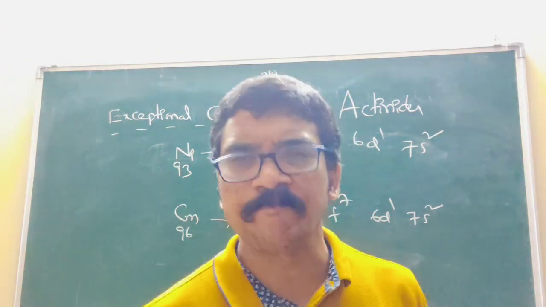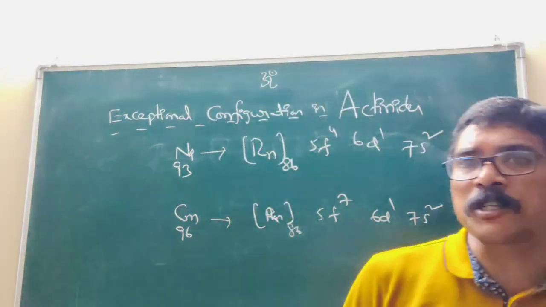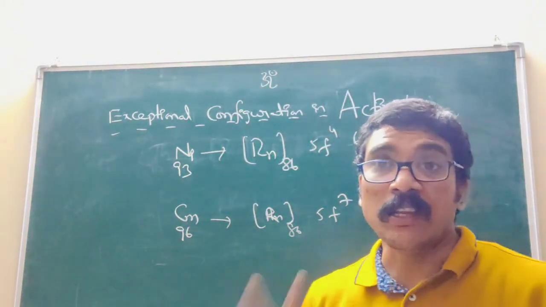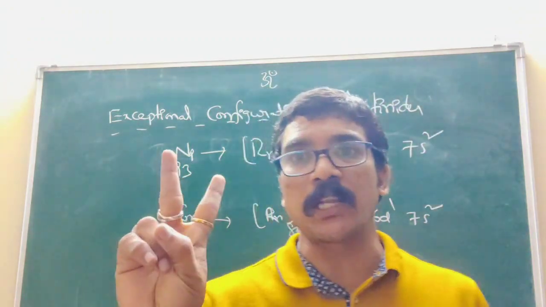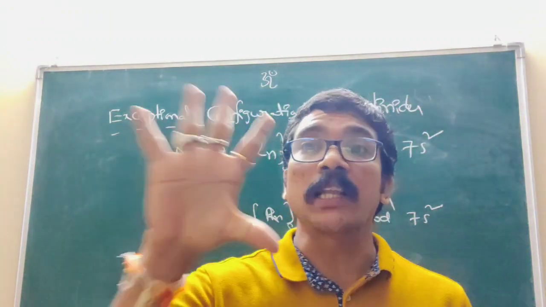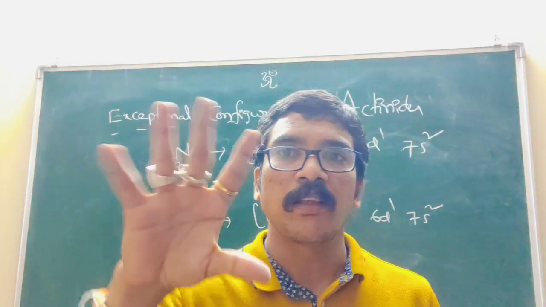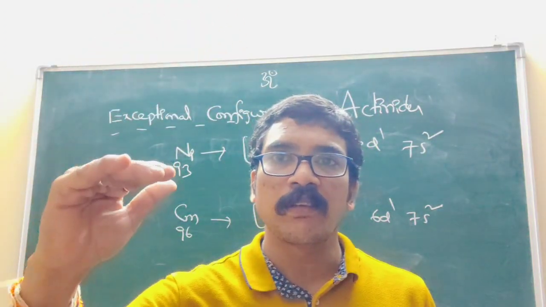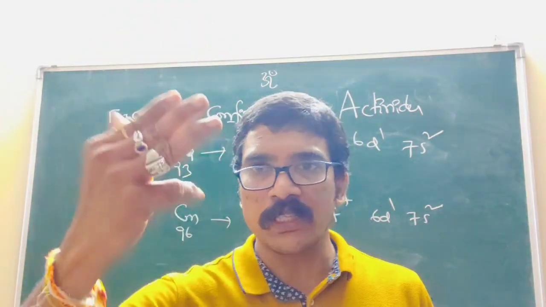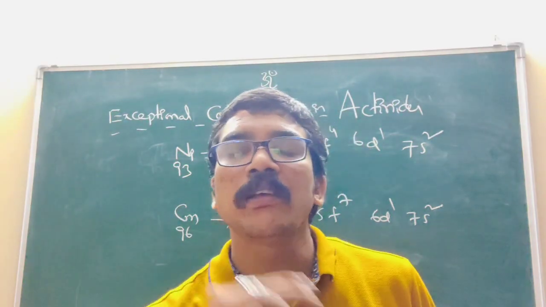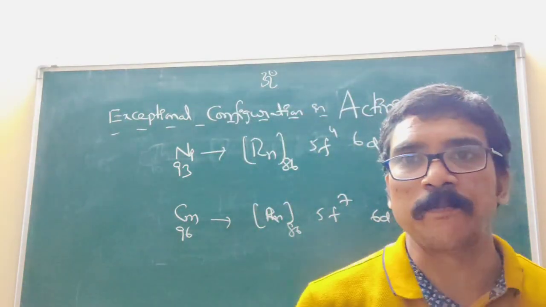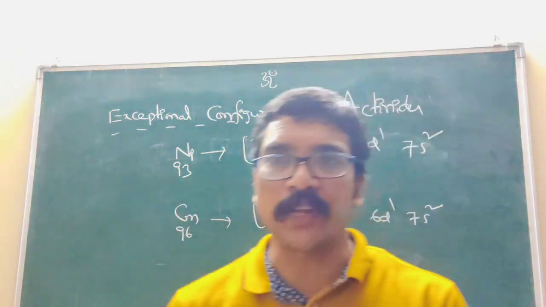But finally, what are the exceptional configurations in actinides? In the lanthanides only 2 elements are exceptional. In actinides, 5 elements are exceptional: the first 3, the next 1, and the middle one, curium. These are the exceptional electron configurations of actinides.